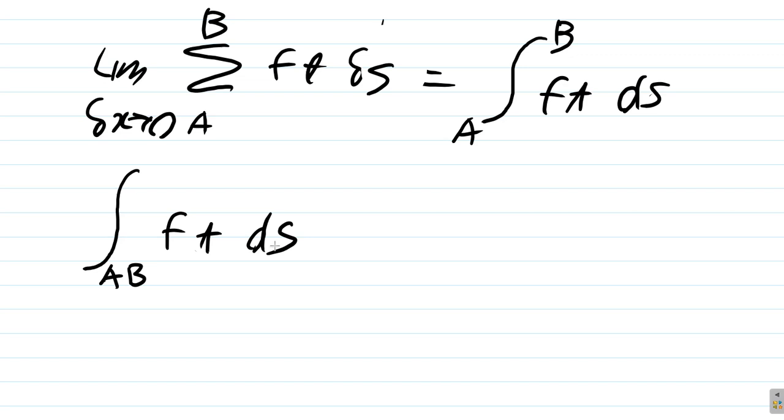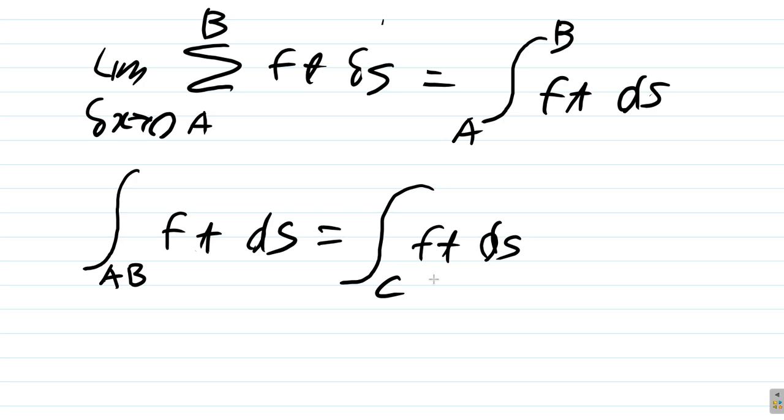But if you already know that the curve is from A to B, you already are aware of where A starts and where B ends, you don't have to put A, B at the bottom of the integral sign. This is the same thing as this. You just put C to show that it's along a curve, of f of t ds. Alright? So that's the way it is written.